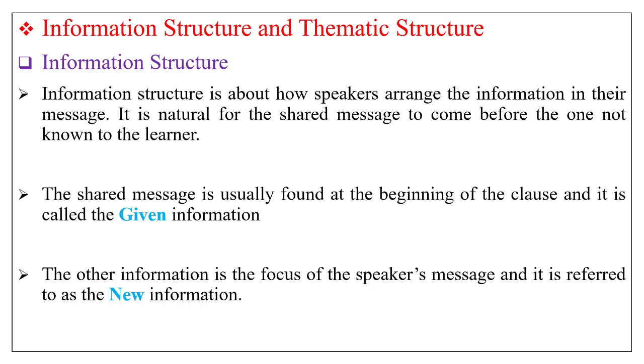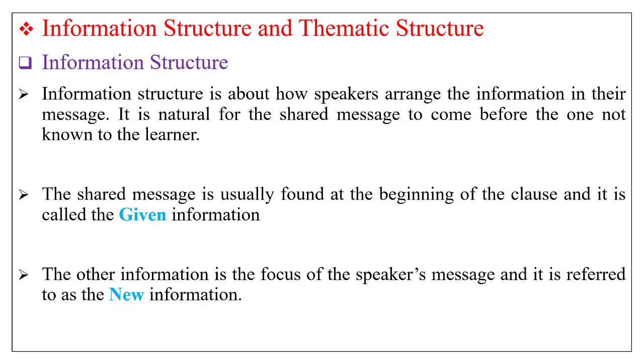It is natural for the shared message to come before the one not known to the learner. So when we talk about information structure, we have two things here: the given and the new. The shared message is usually found at the beginning of the clause and it is called the given information. So we have a clause or a sentence.